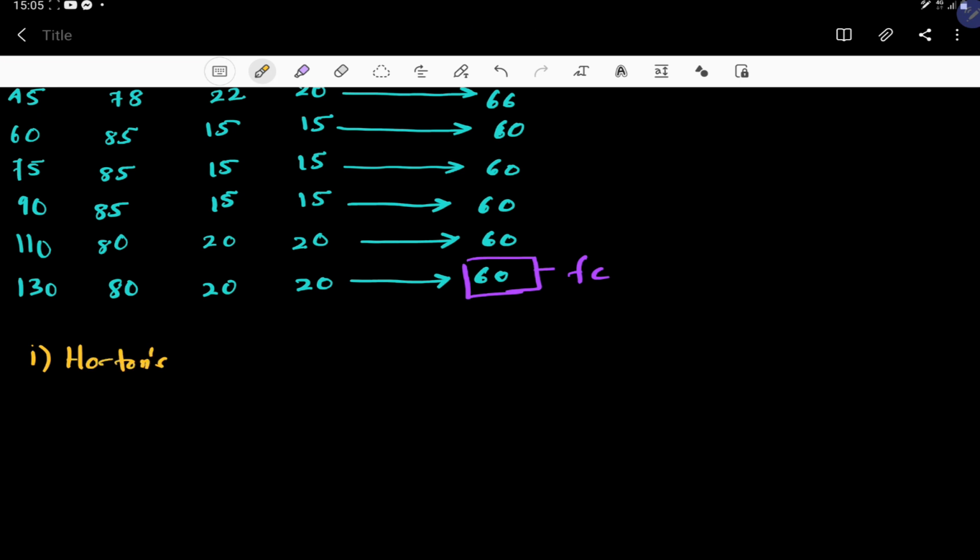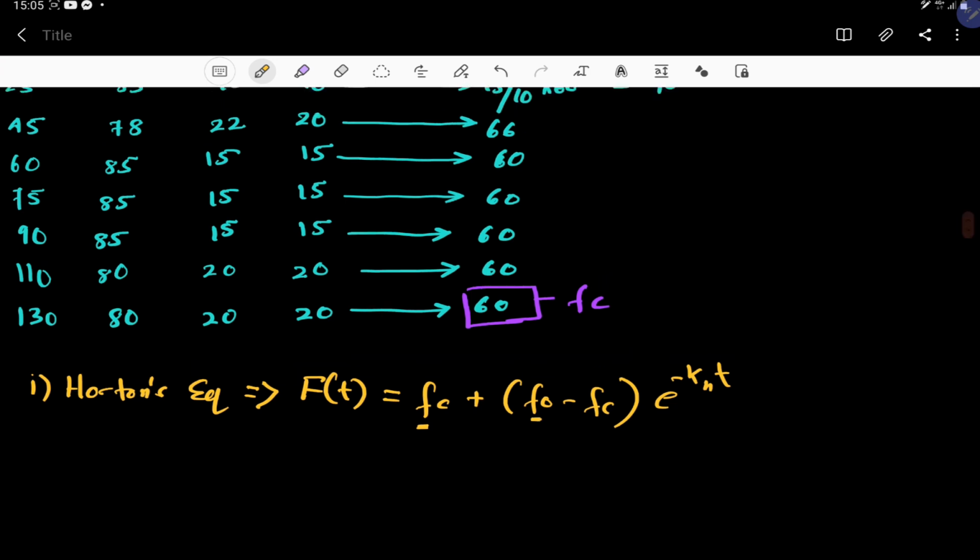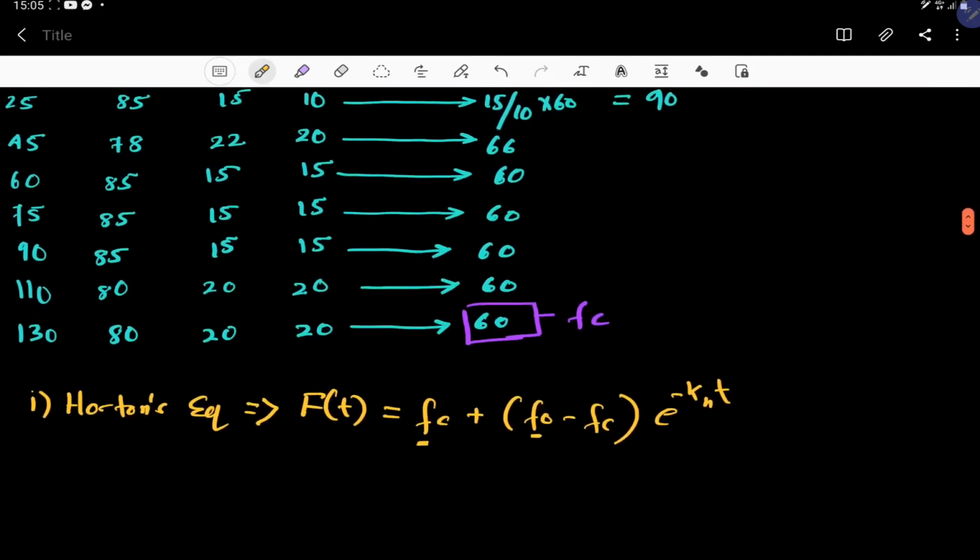Horton's equation is given by f, which is a function of time, equal to fc plus (f naught minus fc) times e raised to minus kht, where t is the time. f naught and fc we have already got from the table, so the only unknown variable is now kh.